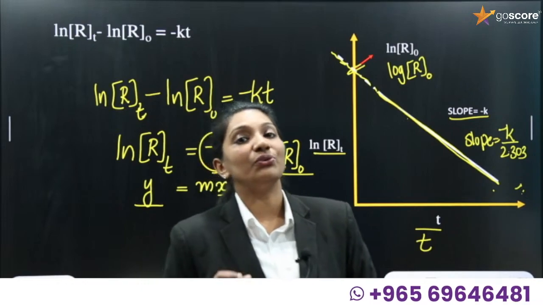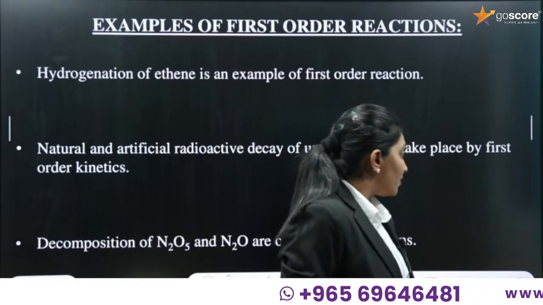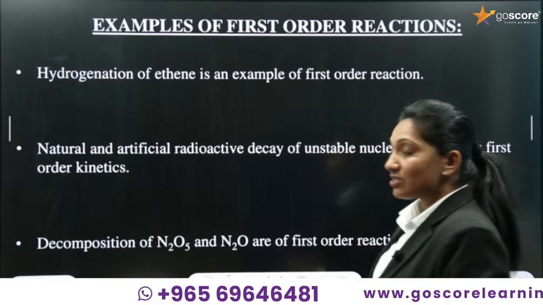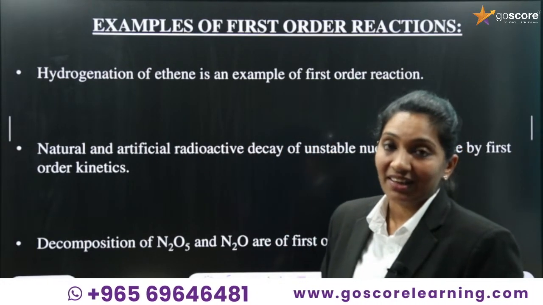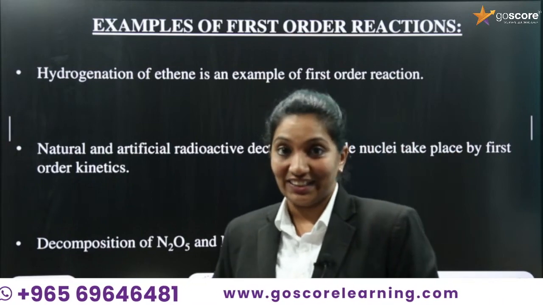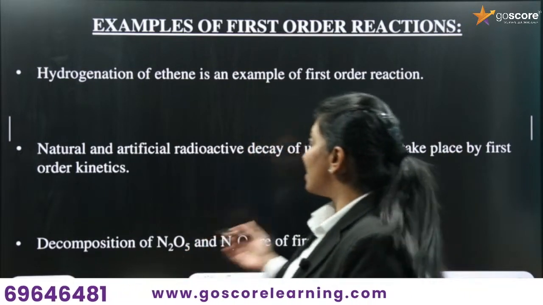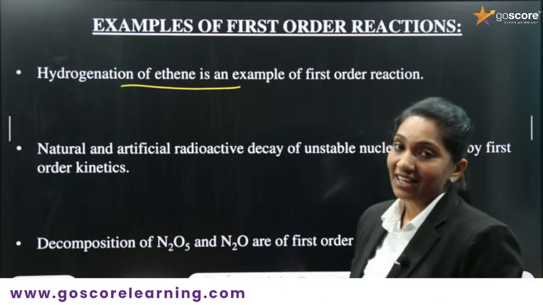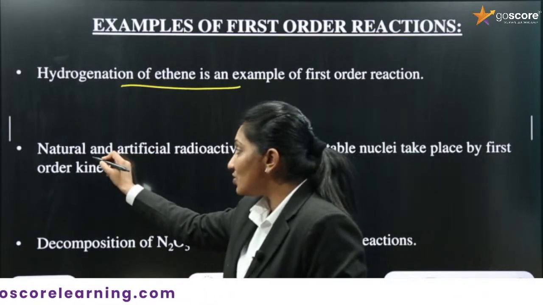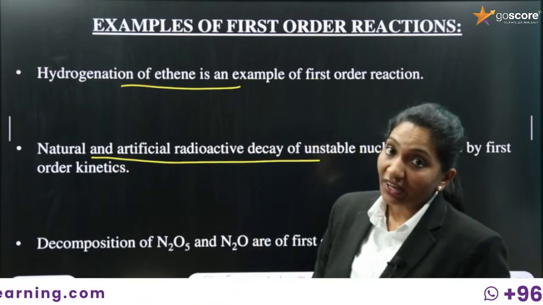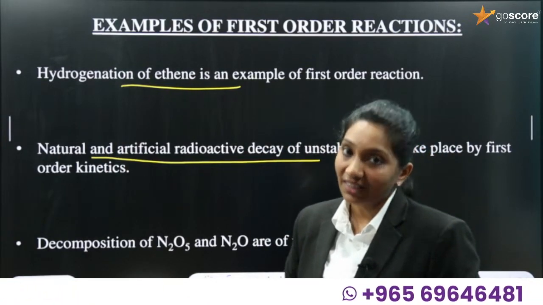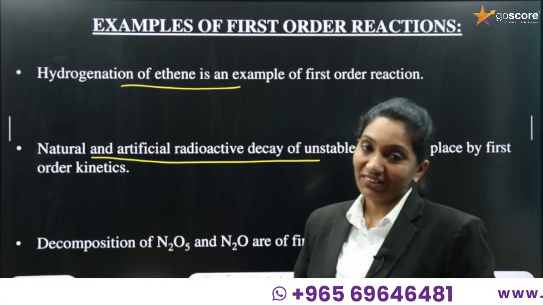Now let's see a few examples of first order reactions. The first one is the hydrogenation of ethene. Ethene hydrogenation is an example of a first order reaction. The second one is the natural and artificial radioactive decay of unstable nuclei. That's also another example of a first order reaction.